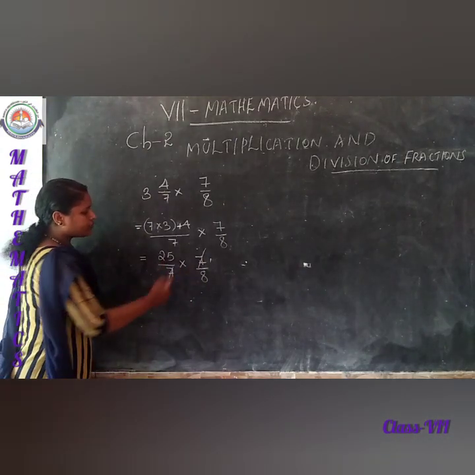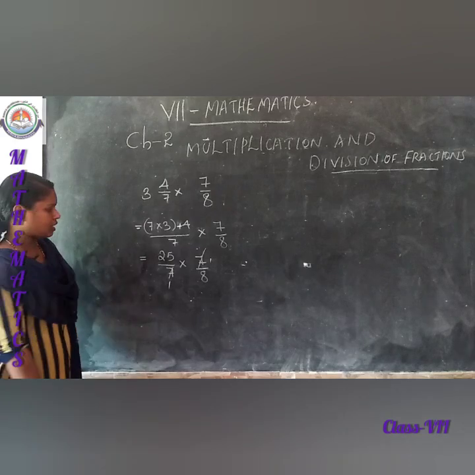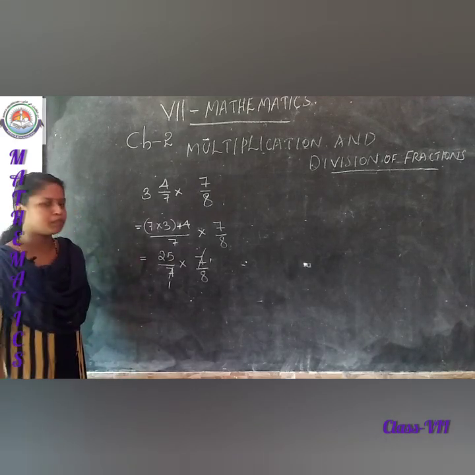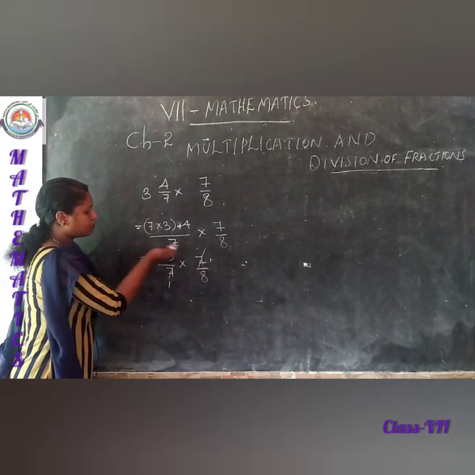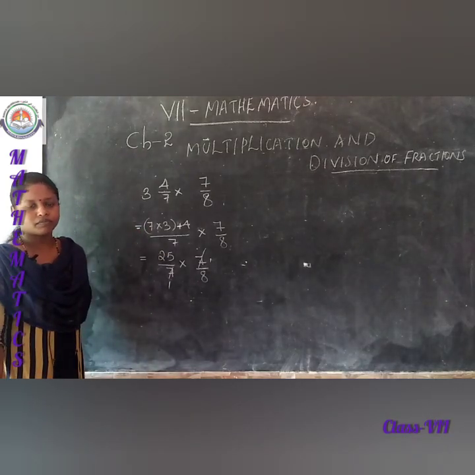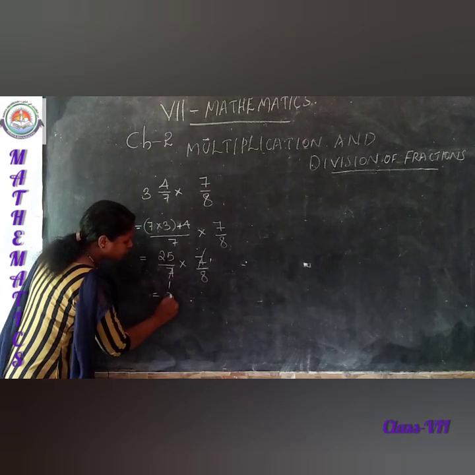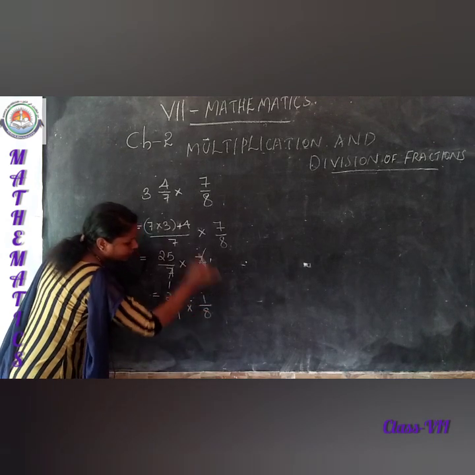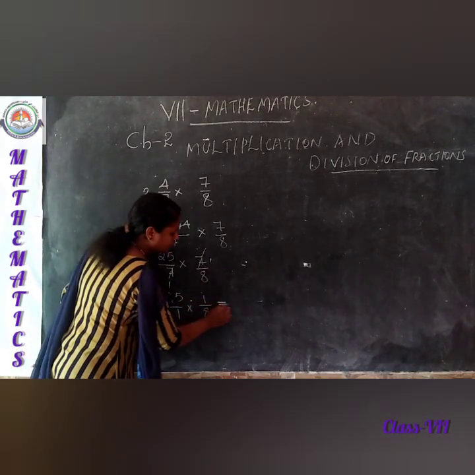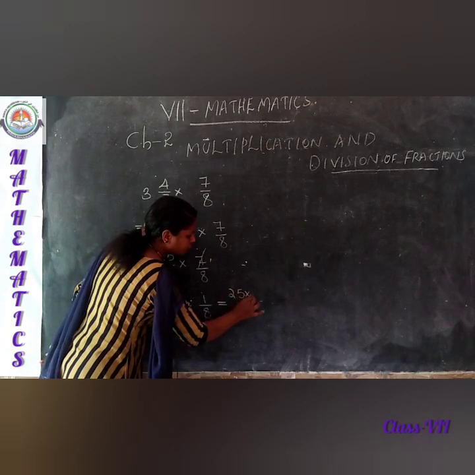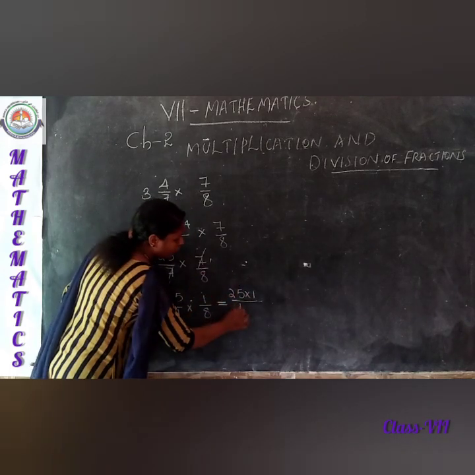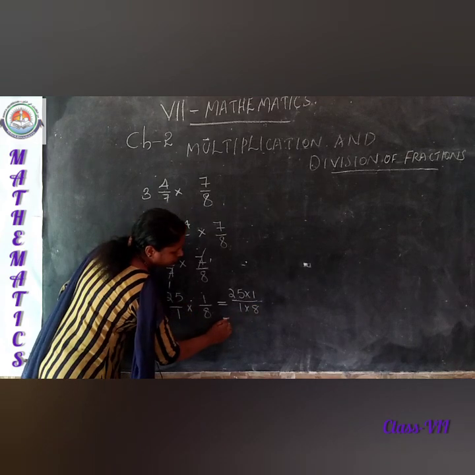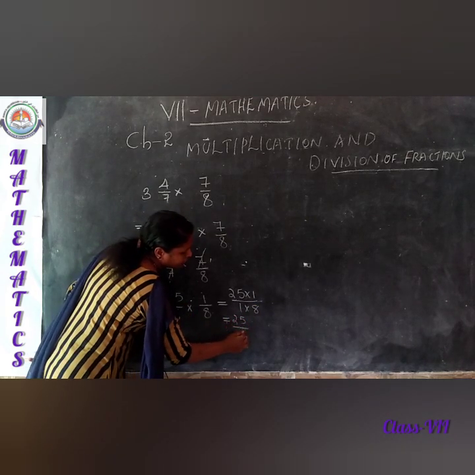And 25 and 8, there is no common factor because 25 is not a multiple of 8. It is an odd number, 8 is even. Then it is 25/1 into 1/8, which is equal to 25 into 1 by 1 into 8. That is 25/8.